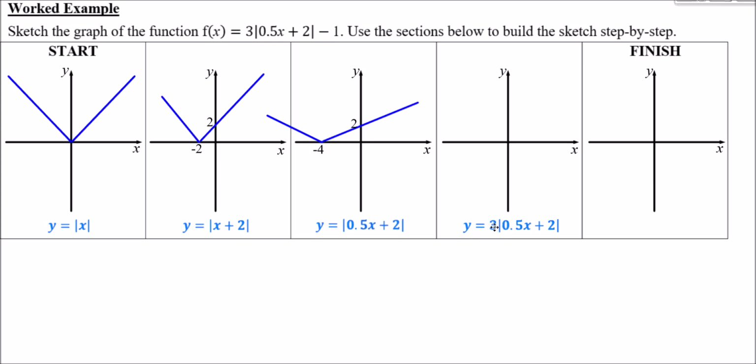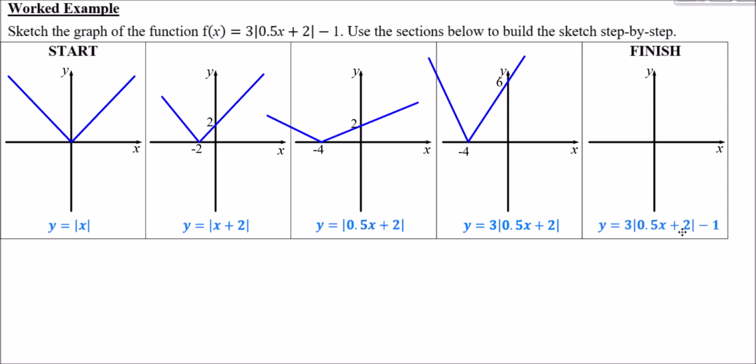It looks like we're multiplying the mod by 3, and that is exactly what we do. So we just simply take our y values and triple them. X values are unaffected. So that 2 is now going to go to a height of 6. Minus 4 will stand put because that's an x value, and this bit here will equally be tripled in height, in steepness. So it looks something like this. Minus 4 will still be there. 2 times 3 becomes 6. So minus 4, 6.